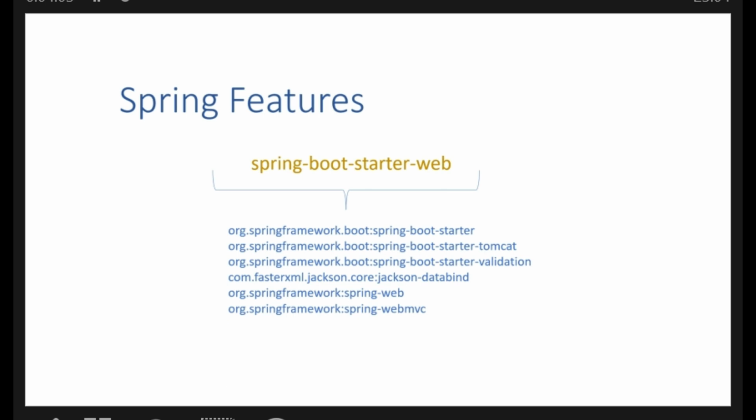Suppose Spring Boot Starter Tomcat, Spring Boot Starter Validation, Jackson Data Bind, Spring Web MVC. We don't need to declare many dependencies in Spring Boot. If you declare only Spring Boot Starter Web, that's all. We don't need to declare many dependencies.